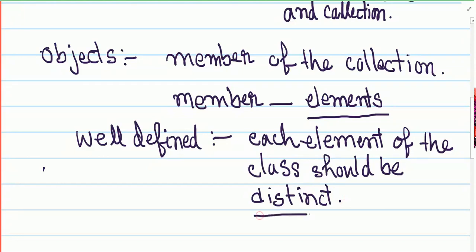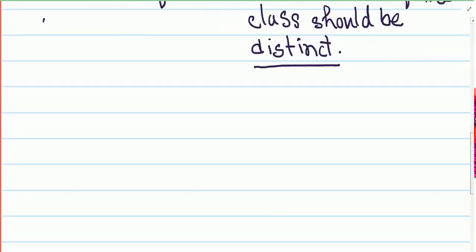How are they distinct? That will be explained with the help of some examples. Yes, now we are taking some examples of sets.